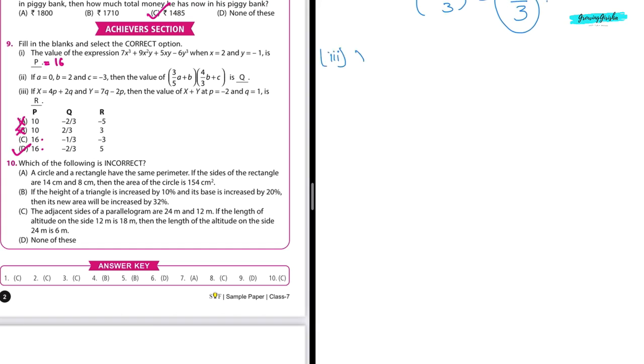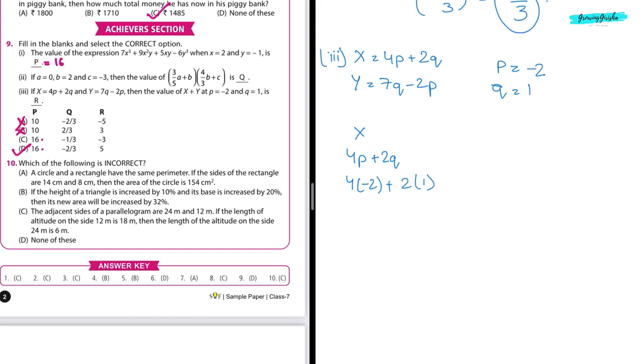The third statement says if x is equal to 4p plus 2q and y equals 7q minus 2p, then the value of x plus y at p is equal to minus 2 and q is equal to 1 is. Let's plug in the values. X is 4p plus 2q. 4p minus 2 plus 2, 1. 4 into negative 2 is negative 8 plus 2, negative 6.